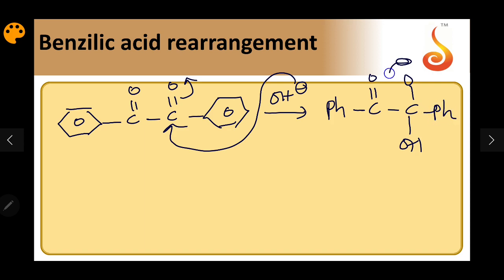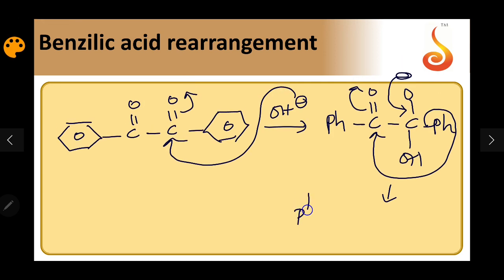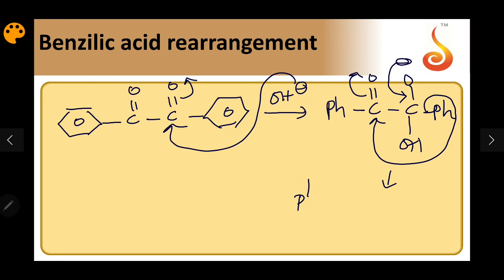Now this negative charge comes back. The Ph is a better migratory group. It will migrate to the next carbonyl group. So I'll get both Ph attached to the same carbon.